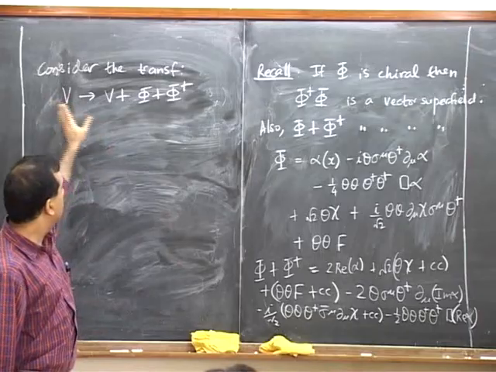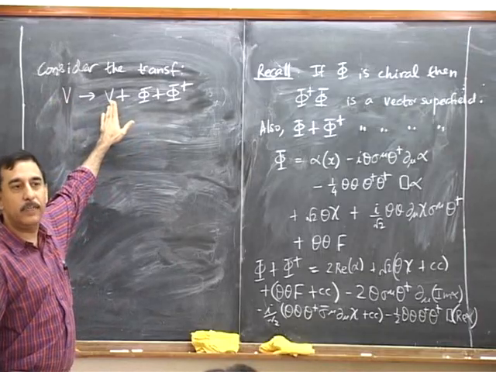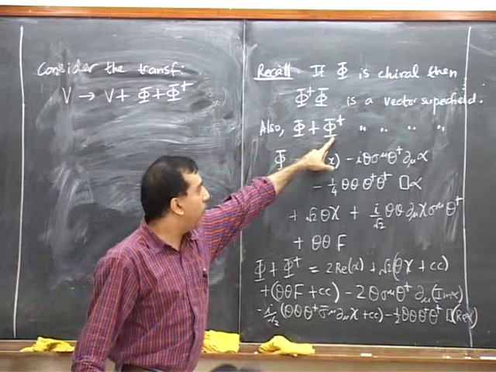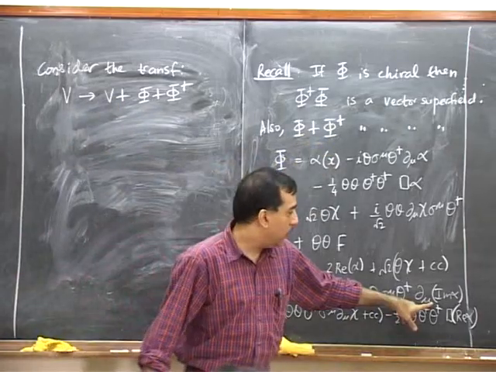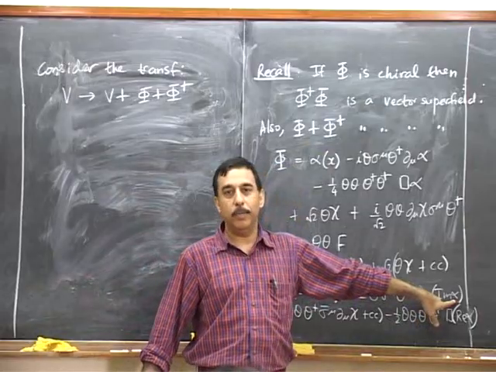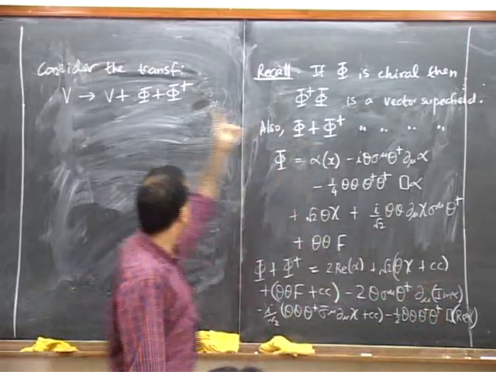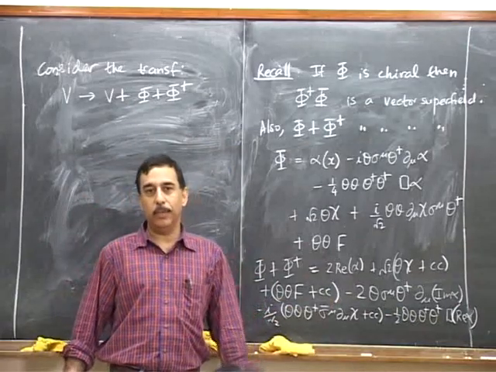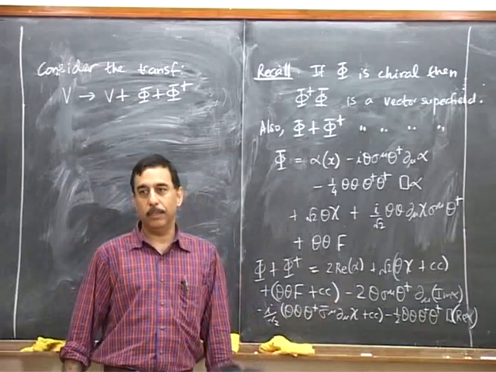Well, we saw that in its long expansion, V contains a gauge field A mu. And we've just seen that in the expansion of phi plus phi dagger, we have an object del mu of some parameter. That means if I add this thing to V, the result will shift A mu by del mu of some parameter, and that's a U1 gauge transformation.